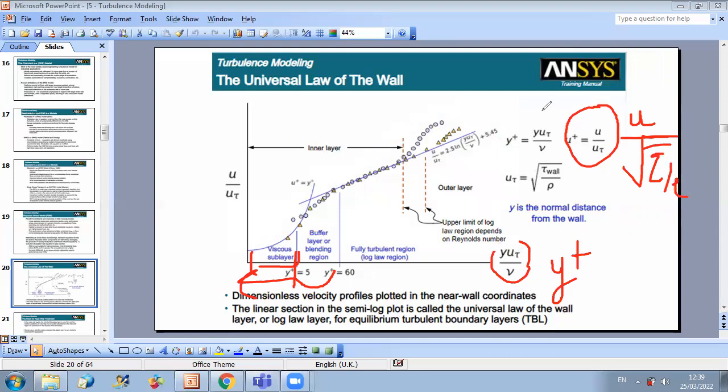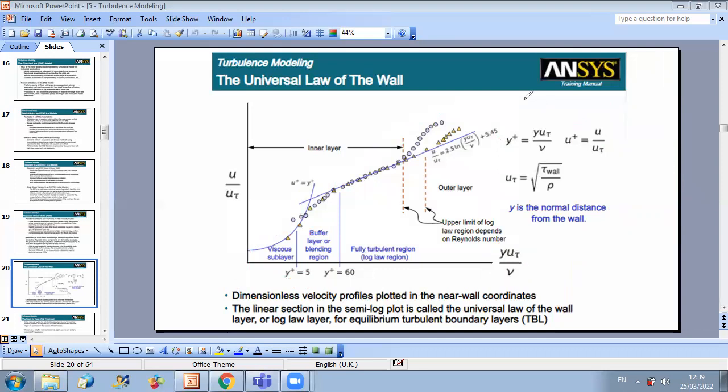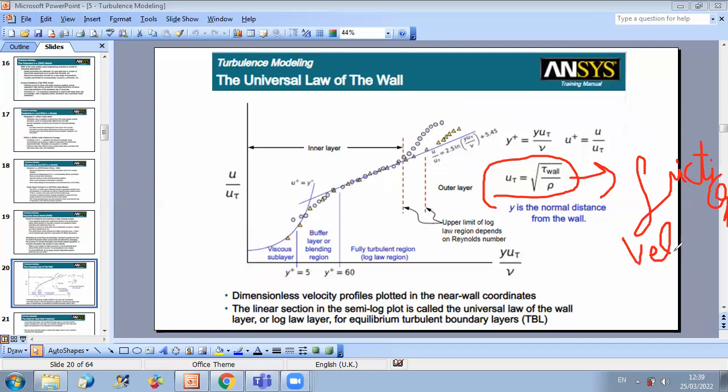Because we observe this parameter in both y plus and u plus, we defined a new parameter called the friction velocity. The friction velocity is related to shear effect. It's defined as radical of shear over rho.